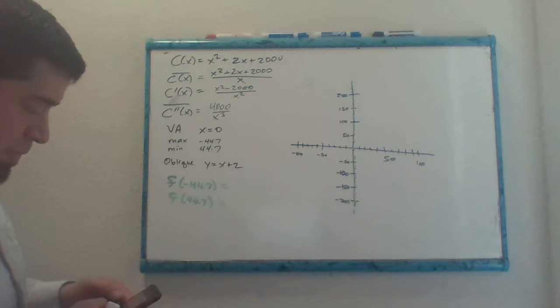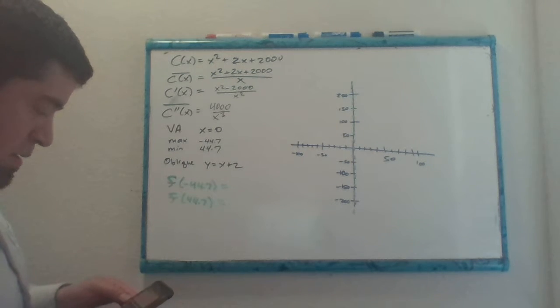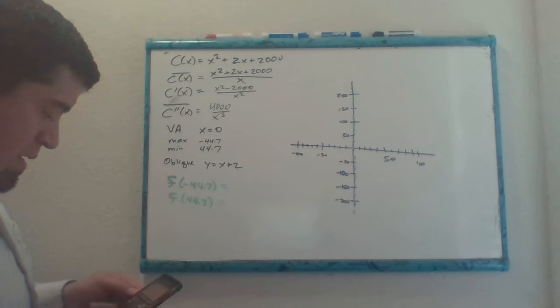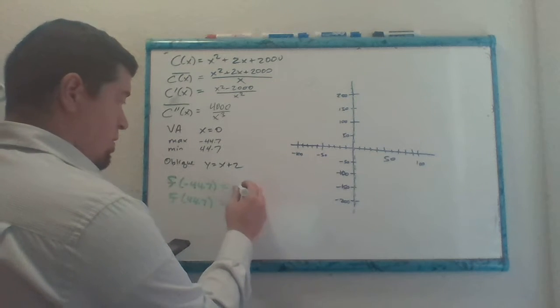So into the original equation, we will get negative 44.7 is negative 87.44.